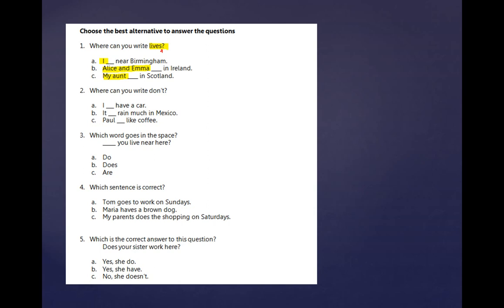I lives, Alice and Emma lives, or my aunt lives? The only option here is letter C, because my aunt is third person singular, and remember, every time that our verb has an S is because we are talking about third person singular.